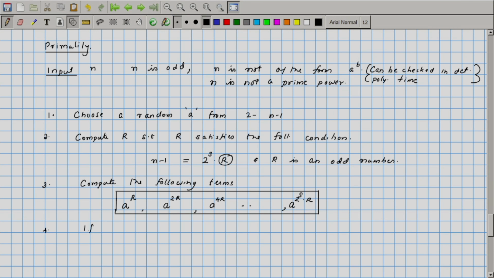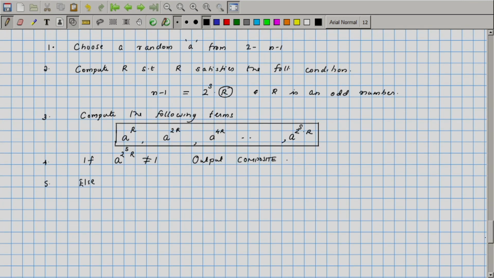Okay. So, if a to the 2 to the s times r is not equal to 1, we will output composite. Else, a to the 2 to the s times r is going to be equal to 1. So, the last term is going to be 1 in the other case.